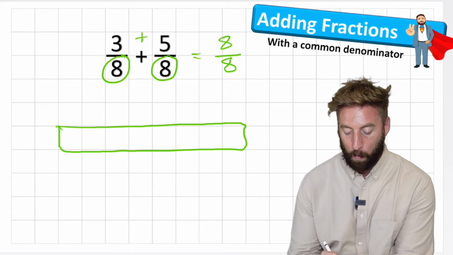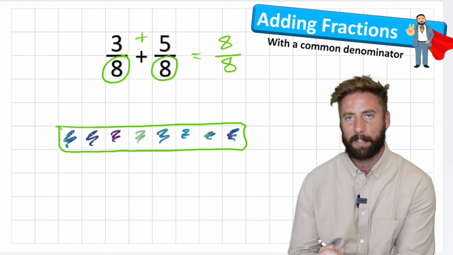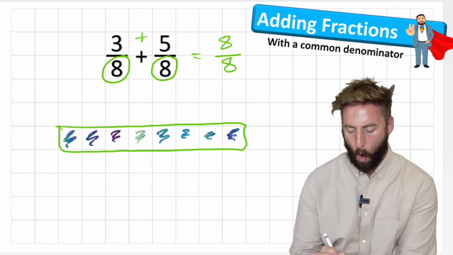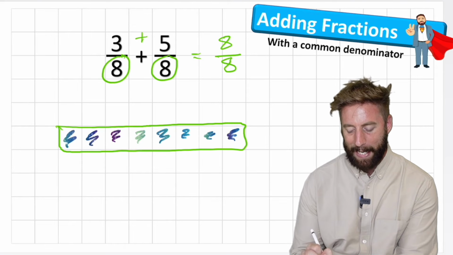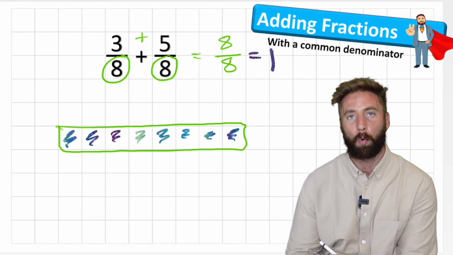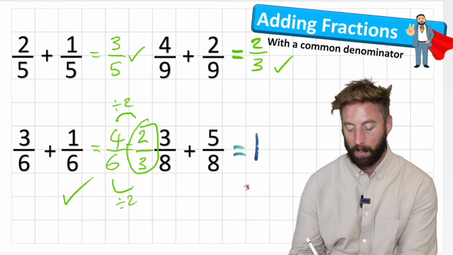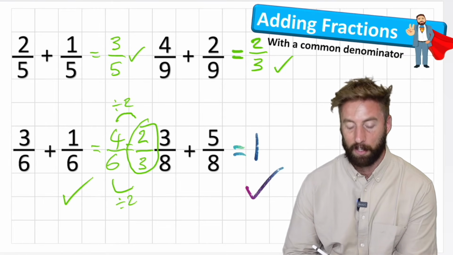Okay, I have the whole thing. So 8/8 actually equals 1, or 1 whole. So the answer to 3/8 plus 5/8 actually equals 1. Give myself a funky coloured tick.